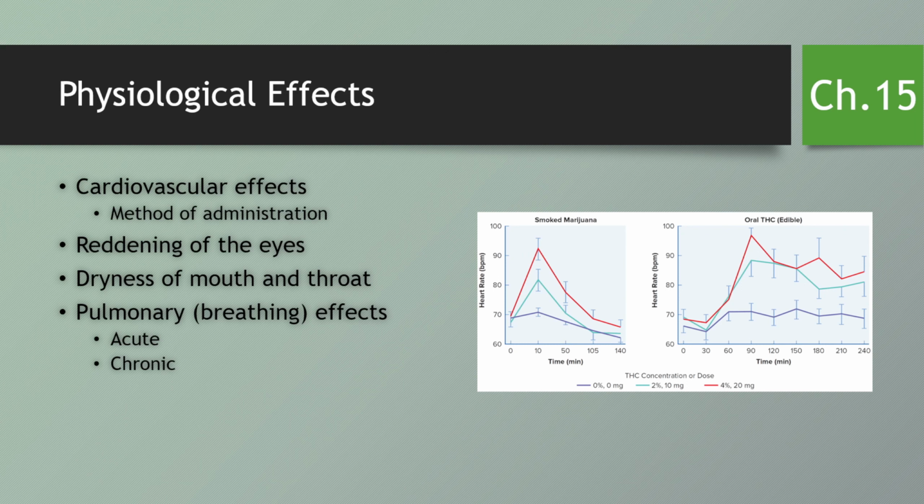Most of the time it doesn't actually affect your breathing. However, chronic heavy marijuana smokers tend to have significant lung impairment, similar to smoking other forms of really anything. Smoke in itself is bad for your lungs, regardless of the chemical that you're smoking.